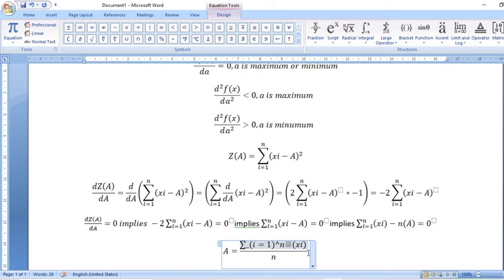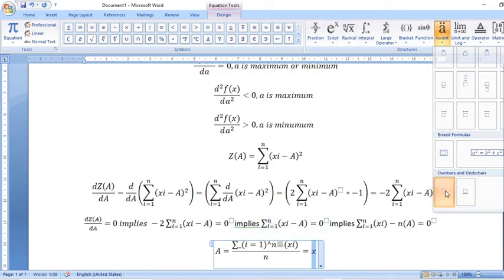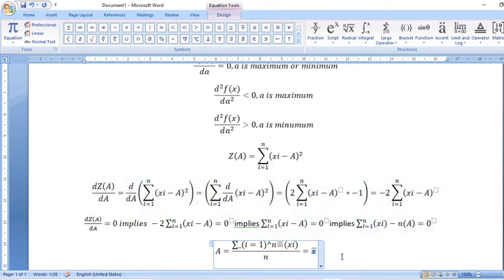Is it right? So that is exactly equal to x bar. So the point of minimum or maximum is x bar.